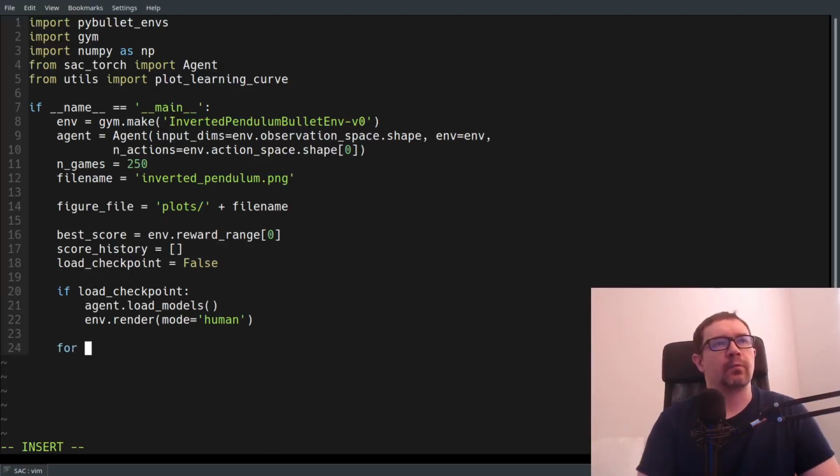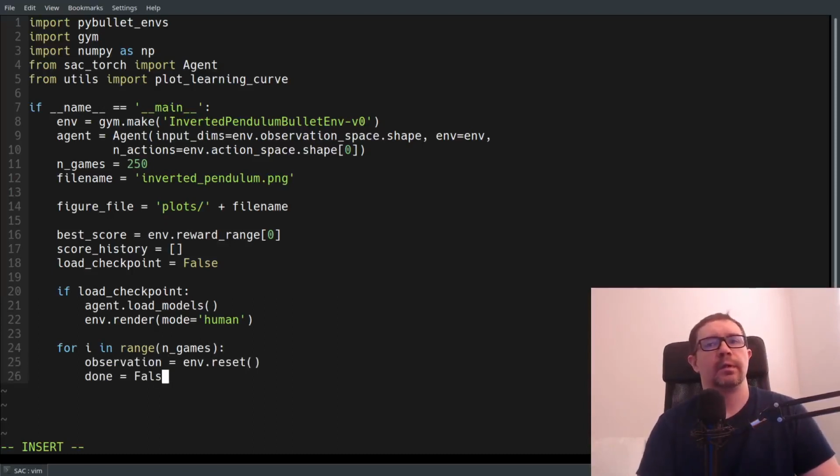Then we'll say for i in range n games, observation equals env reset, done equals false, score equals 0.